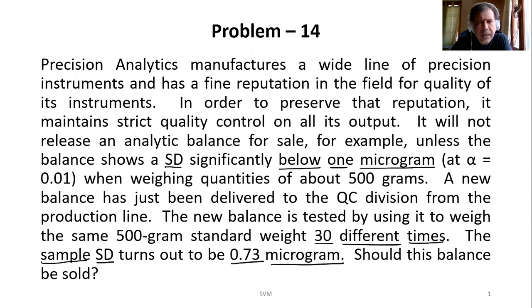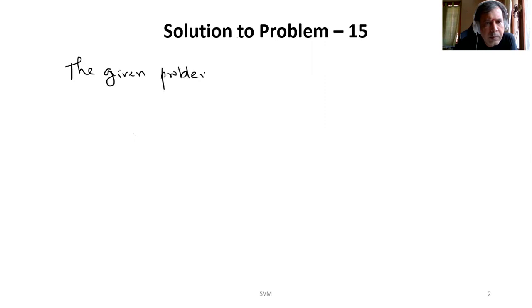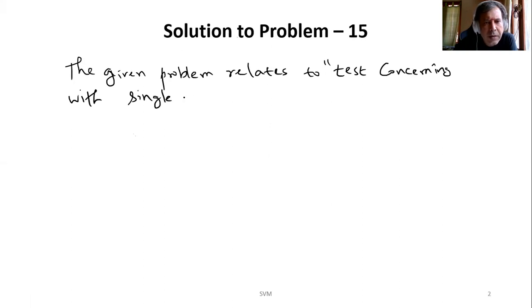Now, one thing is very clear that this problem is concerning population variance. Why? Because here they gave you the population standard deviation as 1 microgram. So let's proceed. The given problem relates to a test concerning a single population variance.